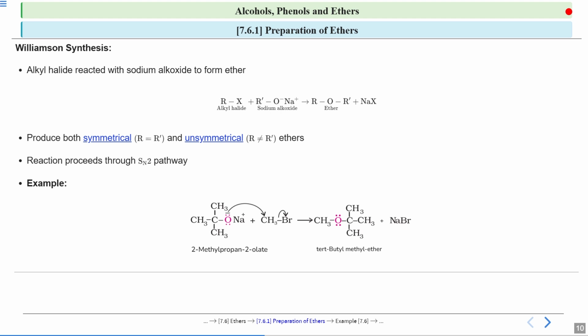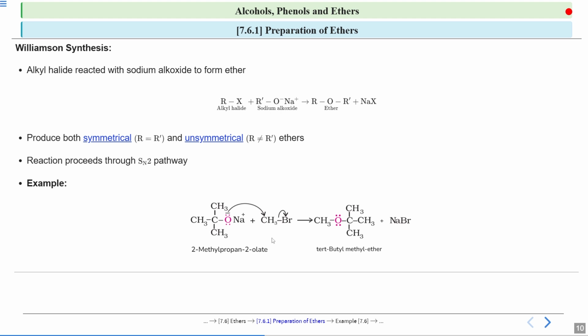Now look at this example. When we talk about Williamson synthesis, there is one catch. Your alkoxide group over here is a tertiary alkoxide group. This alkoxide is tertiary butoxide, so this is a 3-degree alkoxide. And the alkyl halide is a primary alkyl halide. In Williamson synthesis, it is preferred that you take a primary alkyl halide and tertiary butoxide.